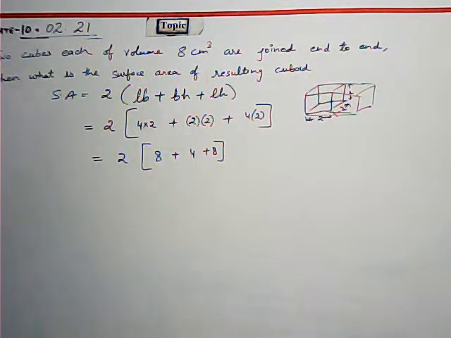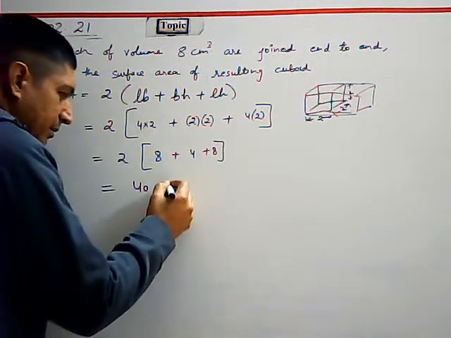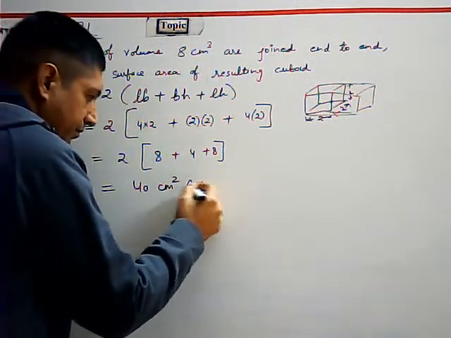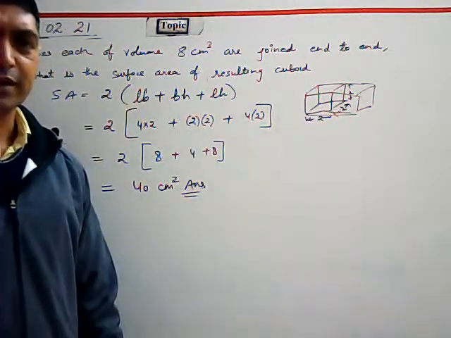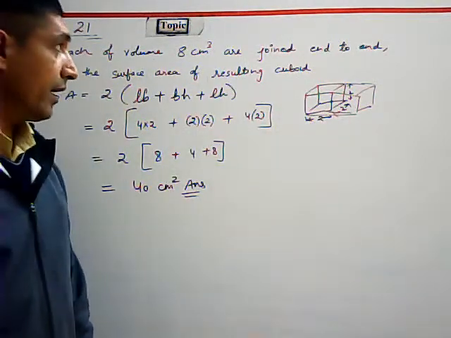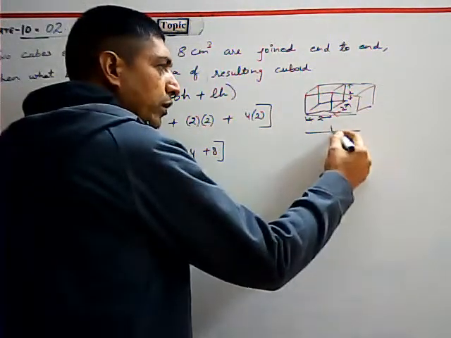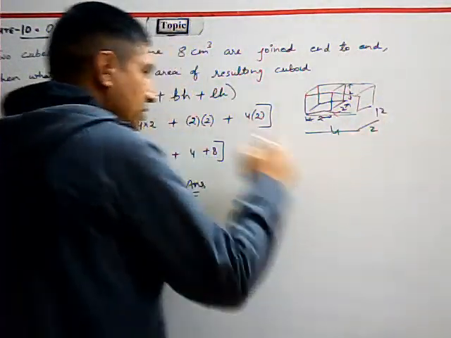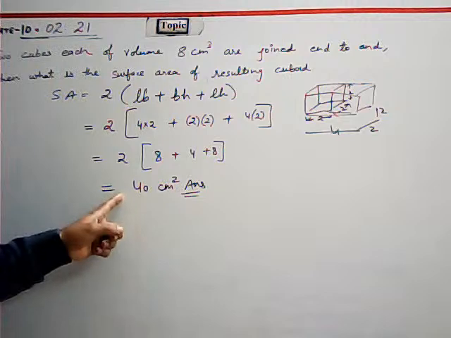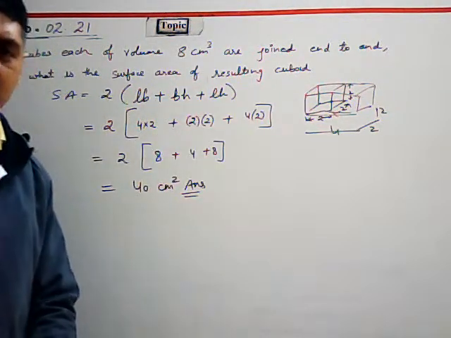So here 20 into 2, that is 40 centimeter square is the answer, right? When two cubes are joined end to end, then the length will become 4, breadth will become 2 only, and height is 2 only. So we will find the surface area by using 2 into LB plus BH plus LH, right?